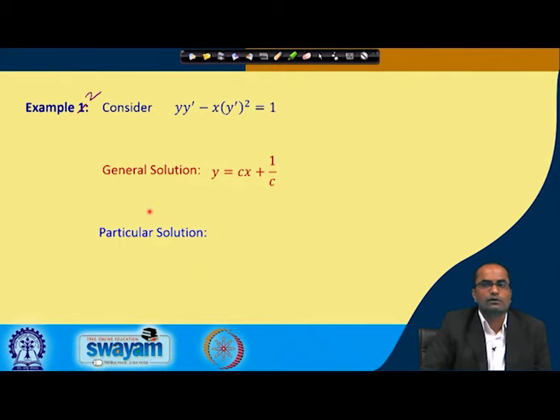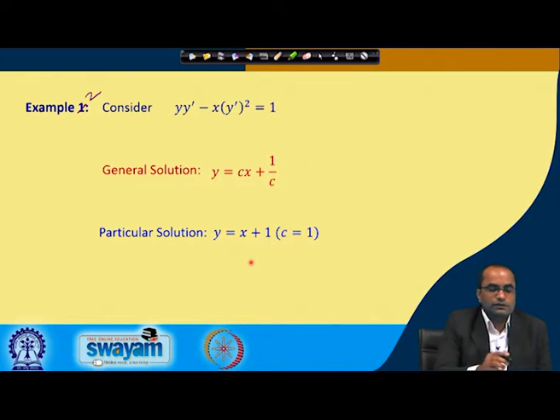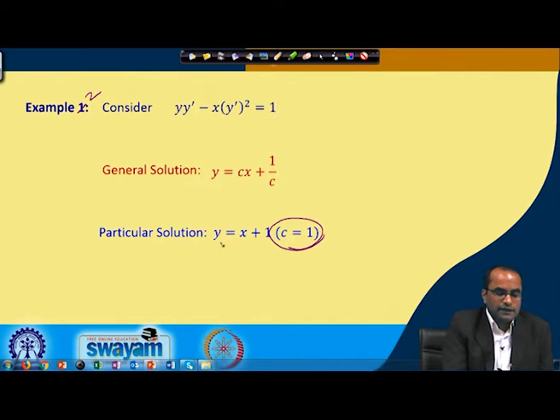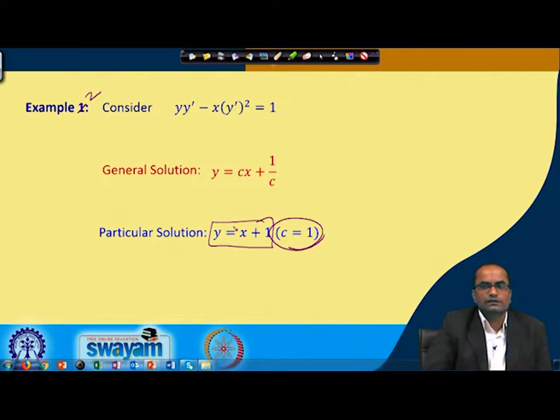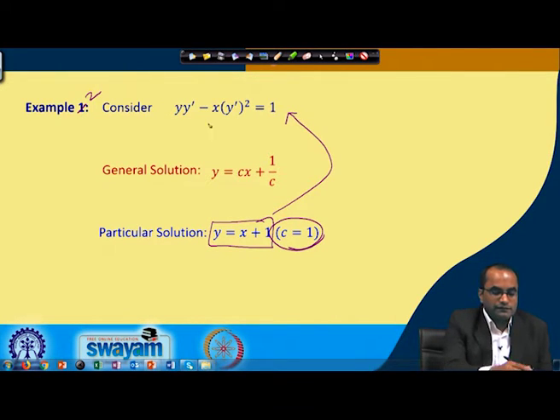That will be called a particular solution. For instance, in this case, if we fix c = 1, then y = x + 1 will also satisfy the differential equation, which again one can easily see.